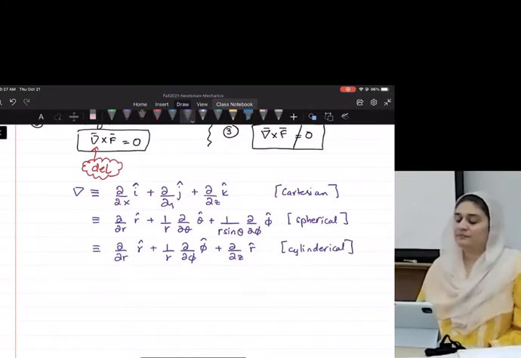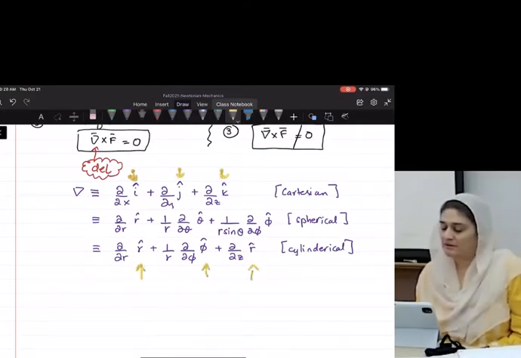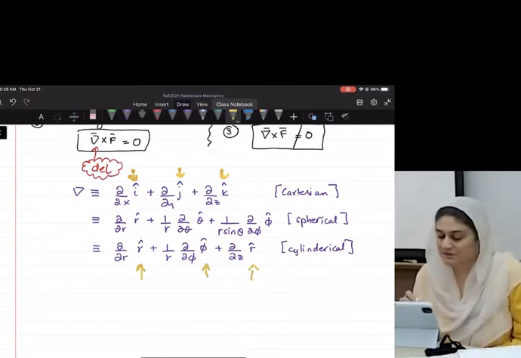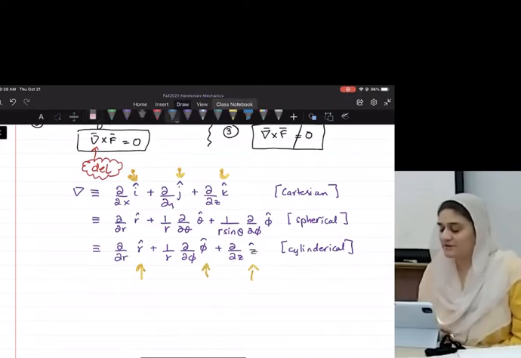Note, if you note something, right? Oh, this should be a Z. This should be a Z, so in cylindrical.